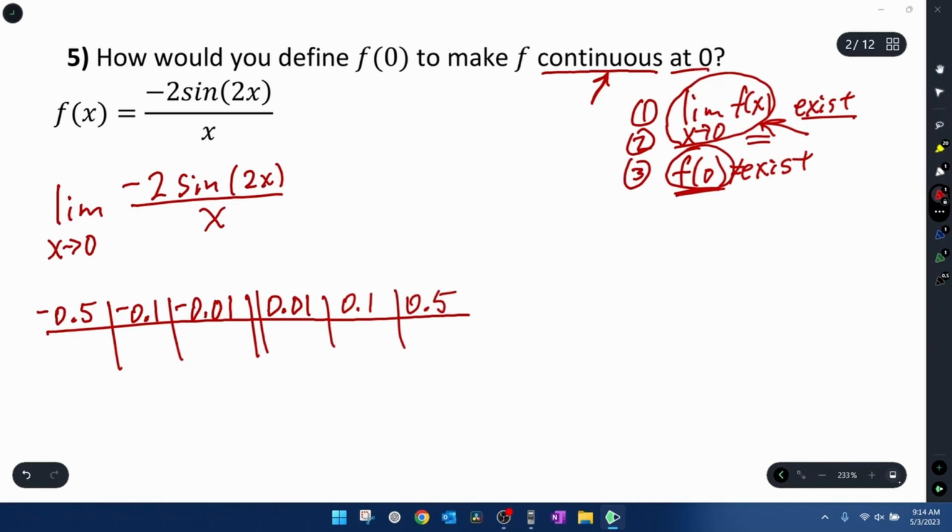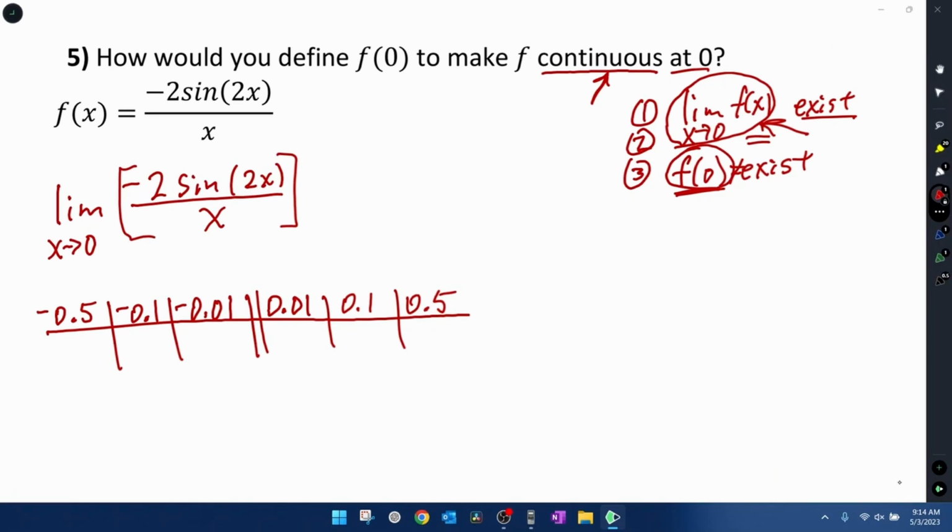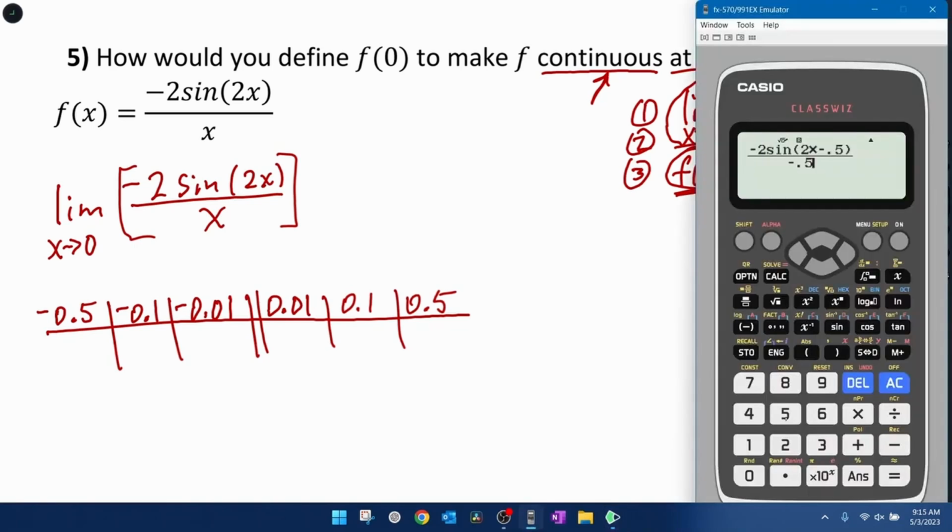And then all we have to do is evaluate the fraction for these predetermined values and see what the y values are. So just a reminder that when you're calculating with your scientific calculator, you do need to be in radian mode. Notice on my ClassWiz, I am able to input that just the way it looks.